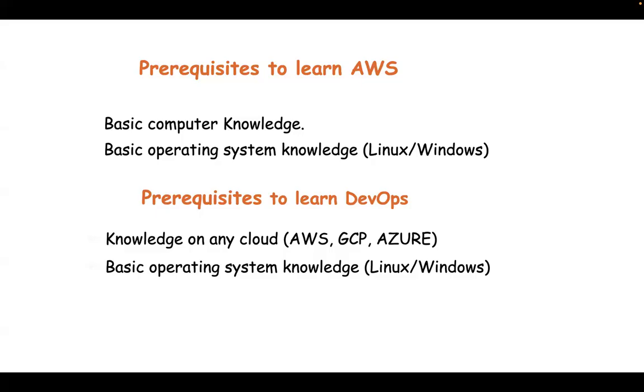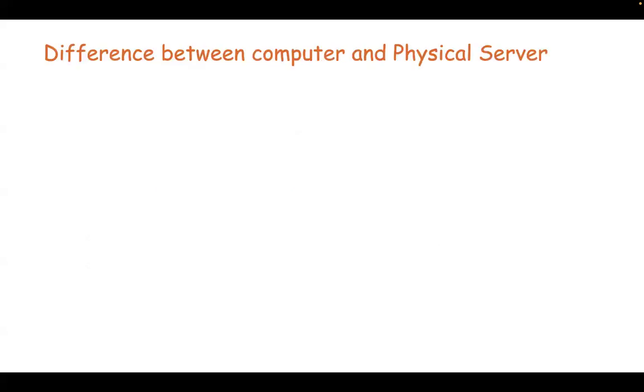So as I said, first we'll be understanding what is AWS. But before understanding AWS, you should know a few things. Let me give you one example. Let's say from childhood onwards, I want to start one software company.